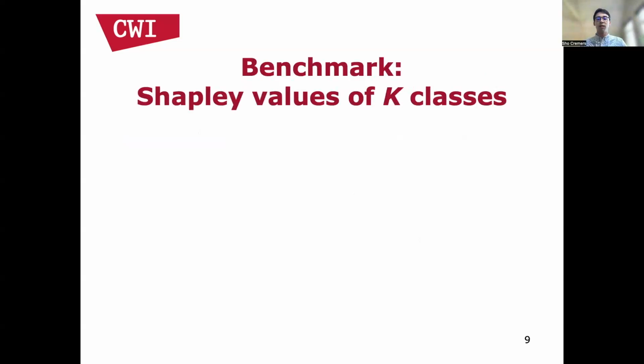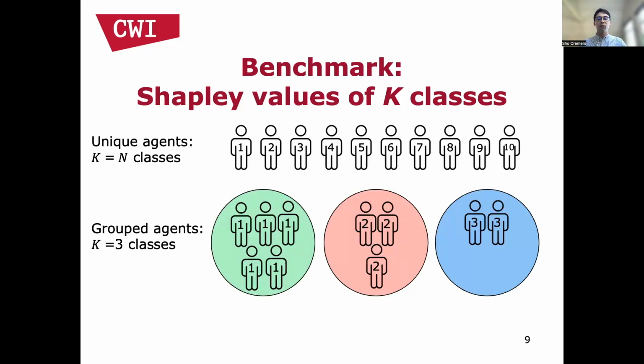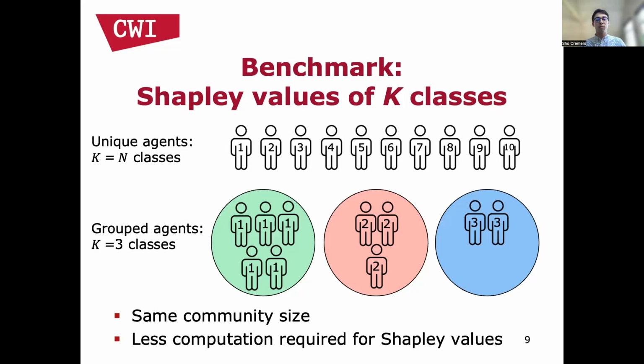Now that we have methods to redistribute costs, we need a way to compare how close they are to the true Shapley values. As I said before, it is impossible to compute for large community sizes if the prosumers are unique. But if the prosumers are grouped like here, where the prosumers in a class have the exact same demand, then the two cases here both have the same community size, but the true Shapley value can be computed much more efficiently in the second case.